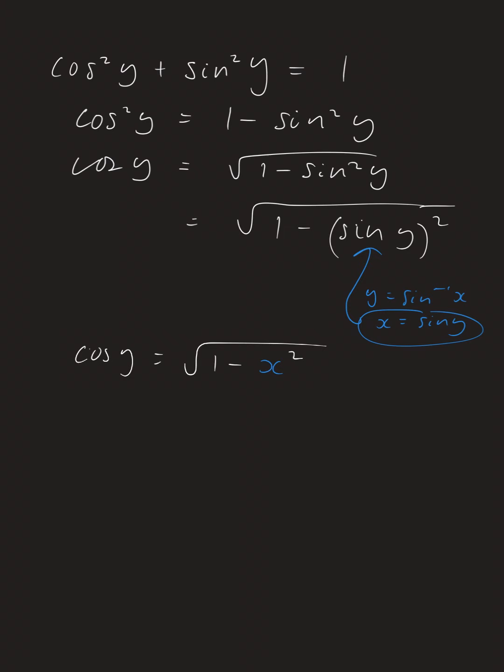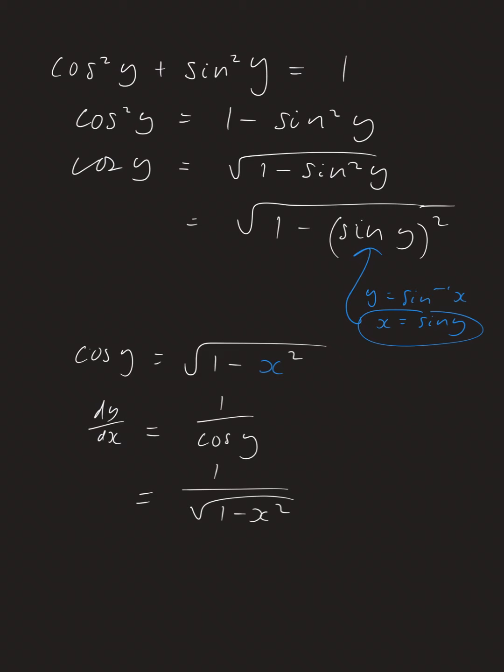And now we can put that back into the formula we had before. So we got dy dx is equal to 1 over cosine of y. So we now know that that's just equal to 1 over the square root of 1 minus x squared. And that's the formula you'll find in the tables.